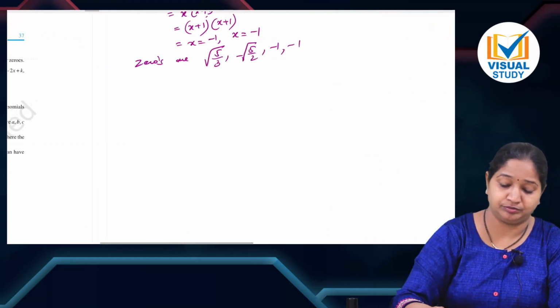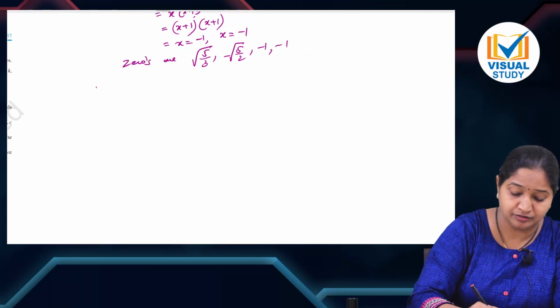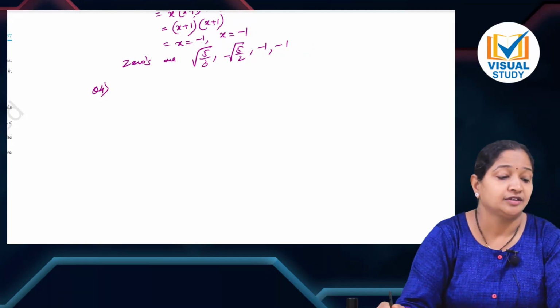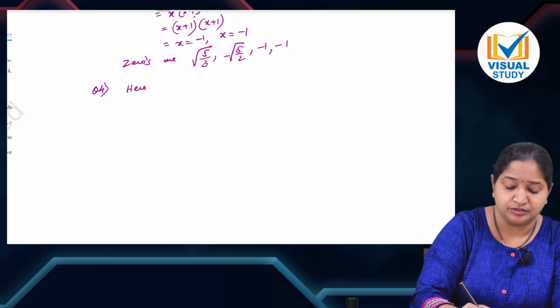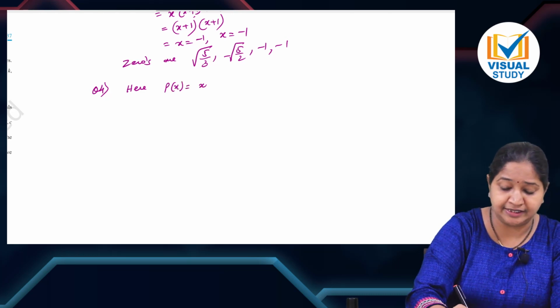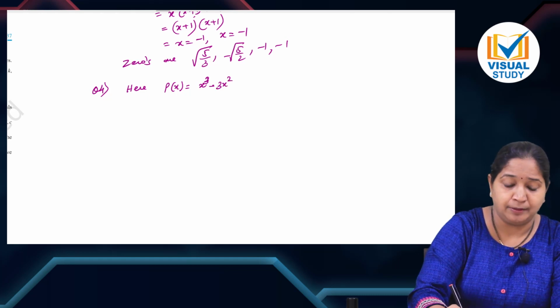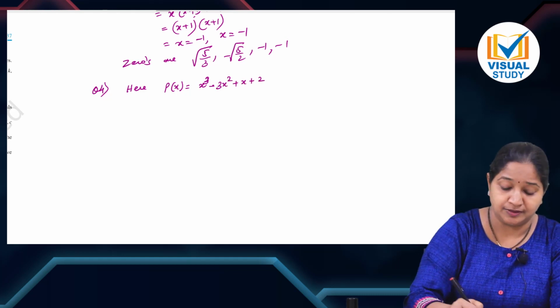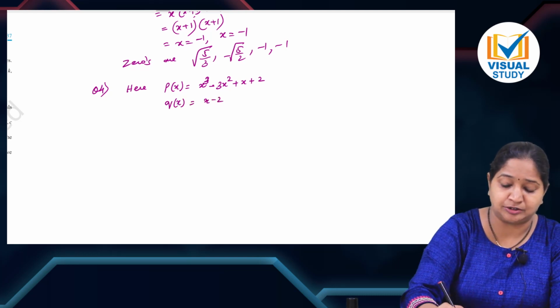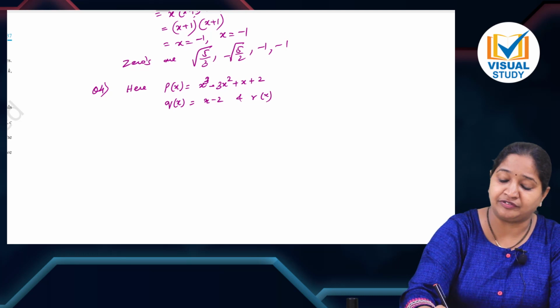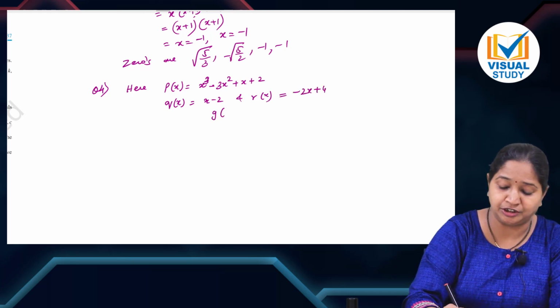What is that, sir? Here p of x is x cube minus 3x square plus x plus 2. q of x they have given us, that is x minus 2, and r of x they have given us, that is minus 2x plus 4, and you have to find g of x.